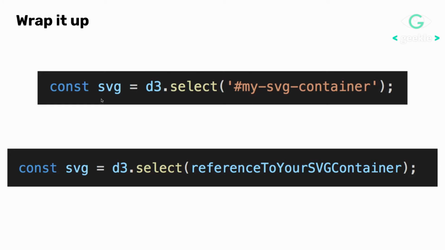For those who are familiar with D3, this line of code should look super familiar to you. You create your SVG inside some div in your HTML tree, which is what we're trying to avoid now if we want to separate concerns.